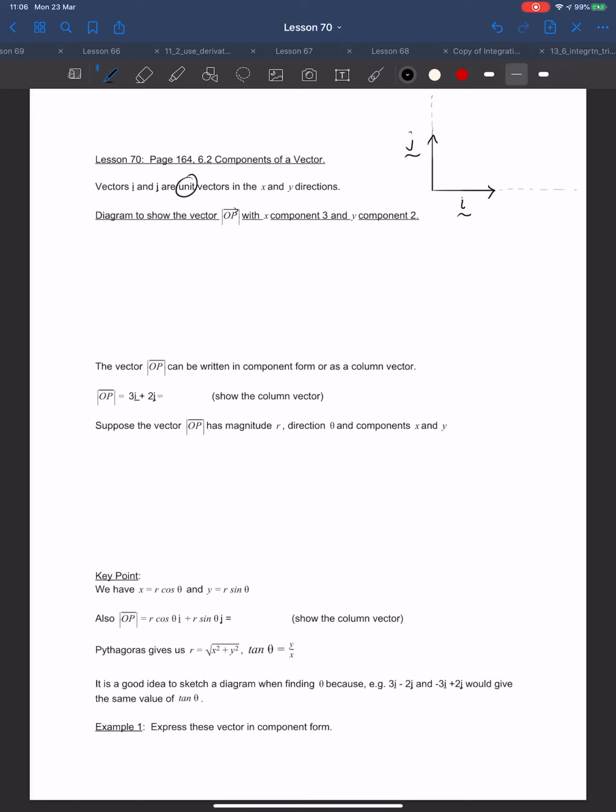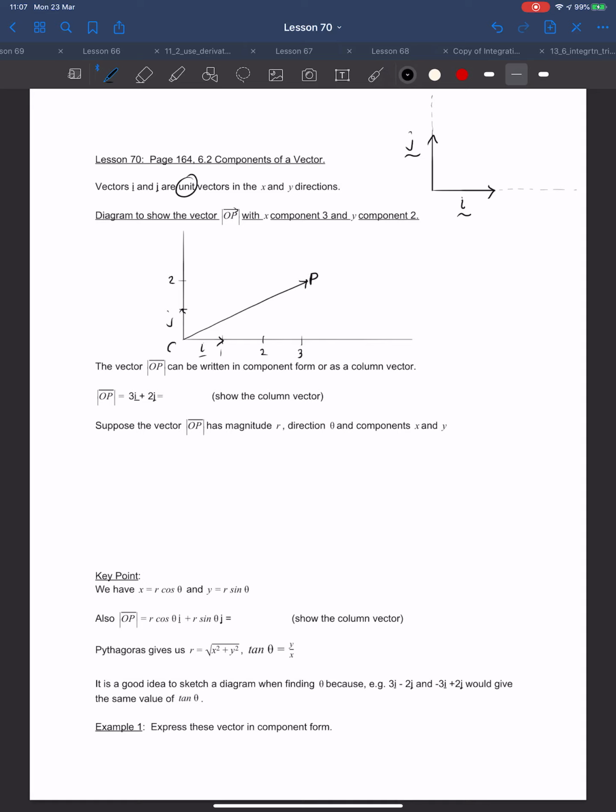So we need to draw a diagram to show a vector OP with x component 3 and y component 2. That's that vector there. Look, 1, 2, 3. There's i, there's j, and there's 2.